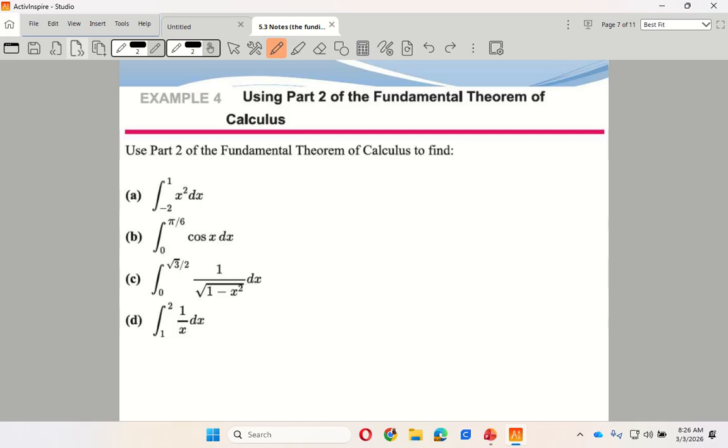So first one right here, for A, fundamental theorem of calculus, we're just trying to find this out. So I have x squared. What is the integration of x squared? X cubed over 3, from -2 to 1.